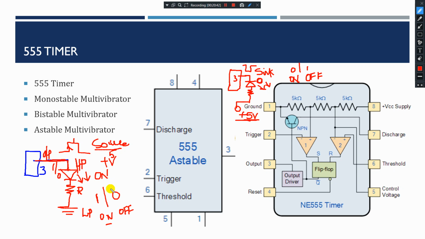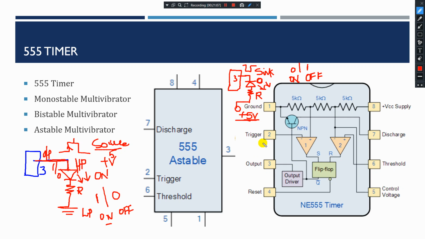If the output of pin 3 is 0, that is ground, the LED is off. But in sink, see the circuit combination, it is opposite. In sink, if the output of pin 3 is ground, the LED will be on. If the output of pin 3 is 1, that is high, 5 volts, then your LED will be in off condition. That is called source and sink of your pin number 3.